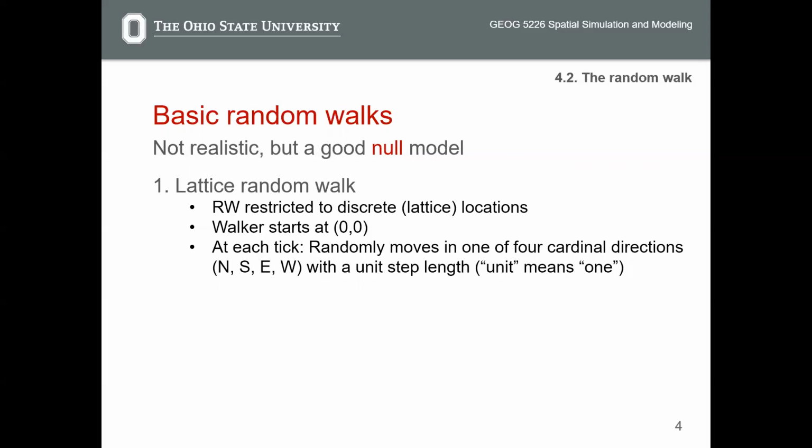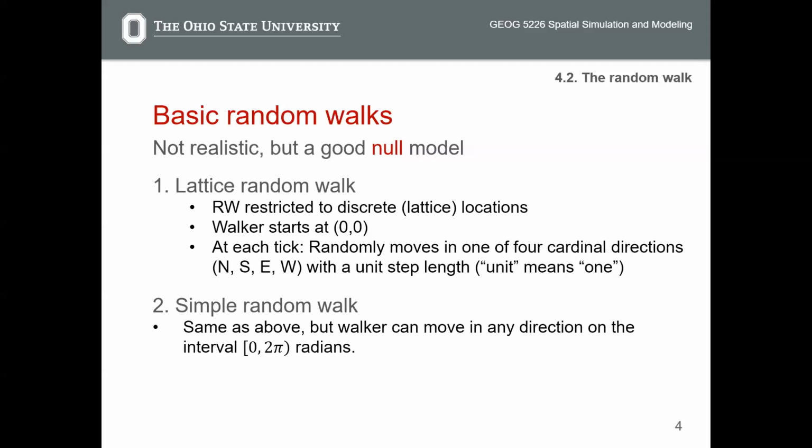Okay, this is simple enough, cannot be simpler, right? And next, we call it simple random walk instead of lattice random walk. It's more complex than lattice random walk in terms of the direction. Same as above, but the walker can move in any direction on the interval from 0 to 2 pi.